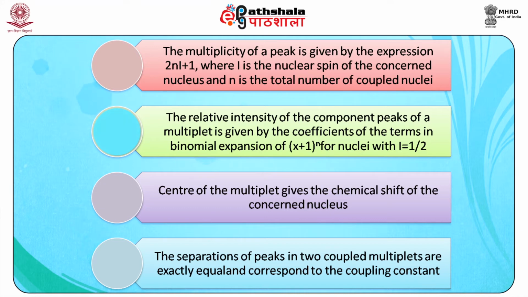The relative intensity of the component peaks of a multiplet is given by the coefficients of the terms in the binomial expansion of (x plus 1) raised to the power n for the nuclei with I equal to 1/2. Now, the center of the multiplet gives the chemical shift of the concerned nucleus.